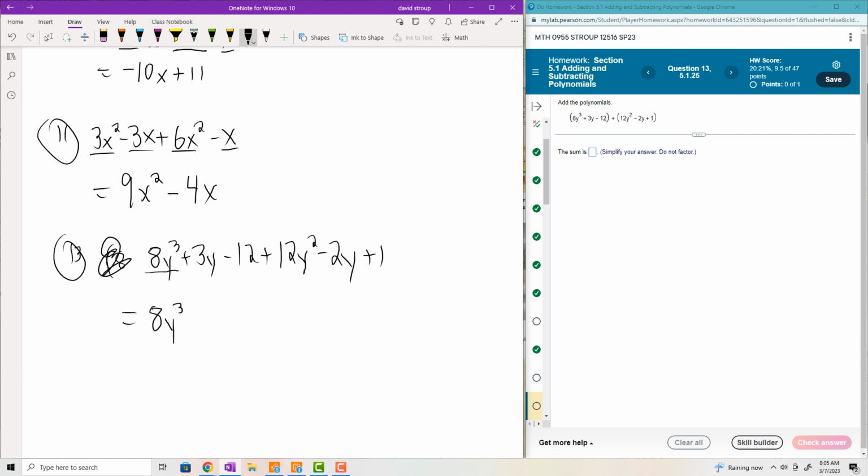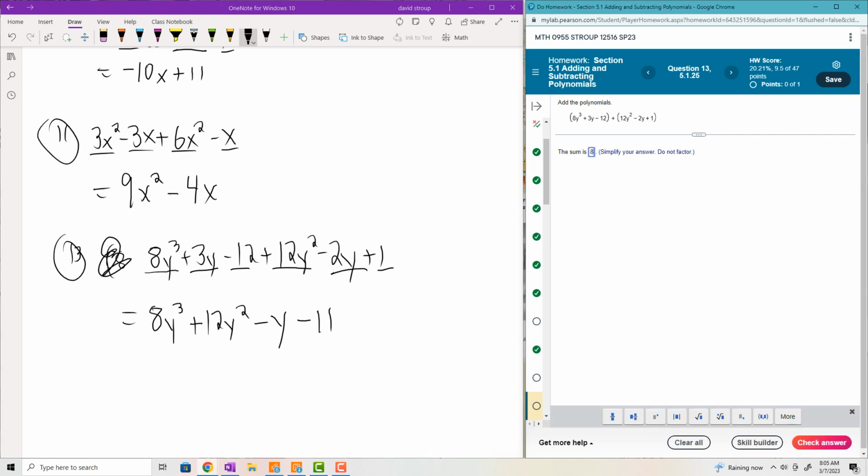I want to go in descending order, so the next terms I'll look for are the y squared terms. There's just the 12y squared, so I'll go plus 12y squared. And then I'll look for the y terms, so there's 3y minus 2y, which is minus 1y. And then finally the constant terms, negative 12 plus 1 is negative 11.